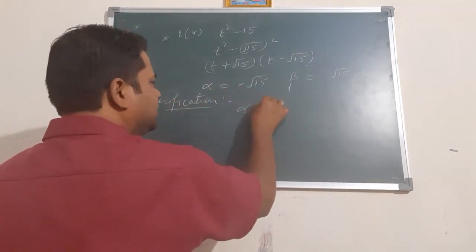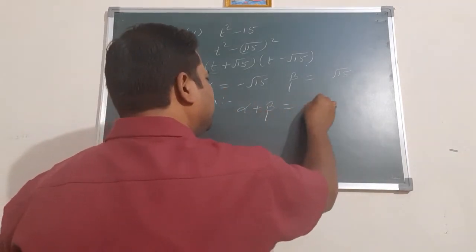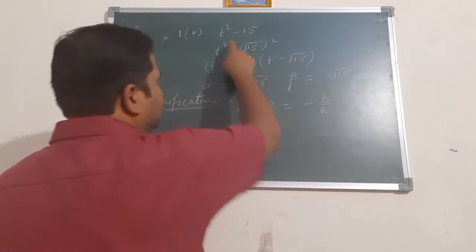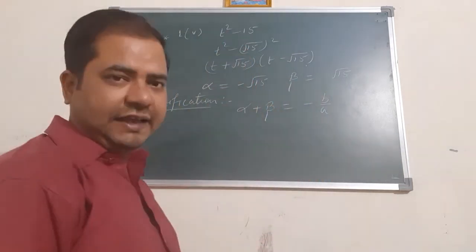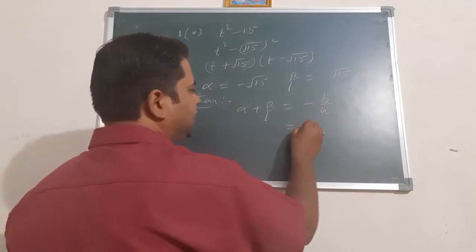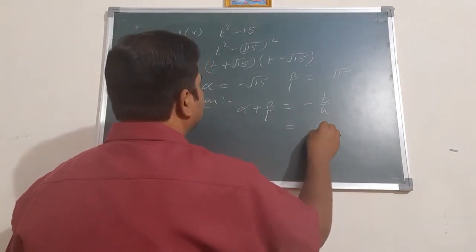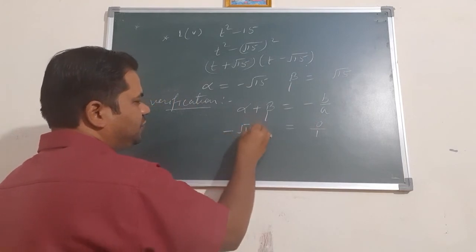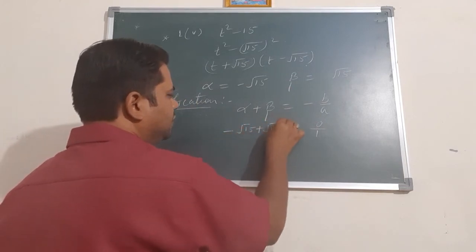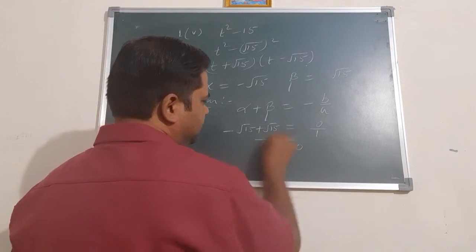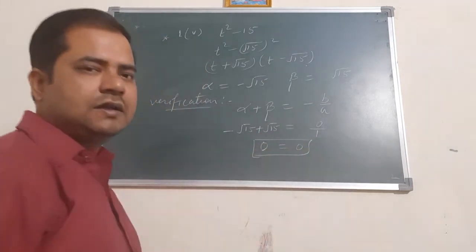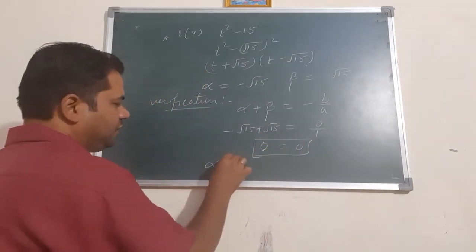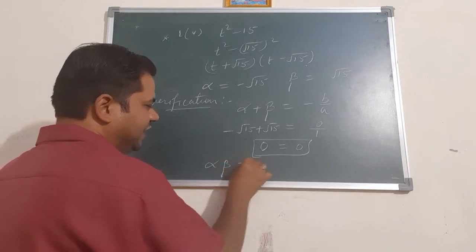Simply, alpha plus beta is nothing but minus b by a. Here b is what? The coefficient of t, this is 0. That's why 0 by 1, and alpha plus beta is simply minus root 15 plus root 15, so it's 0 equal to 0. Okay. Similarly for the product, alpha into beta is c by a.